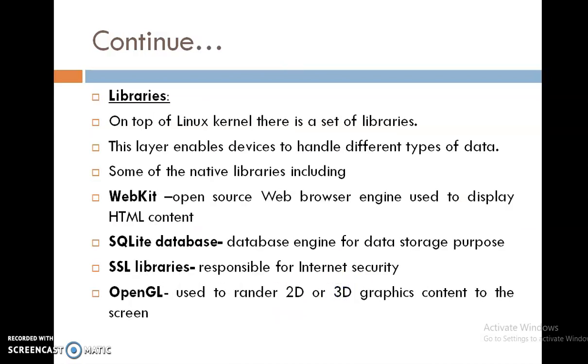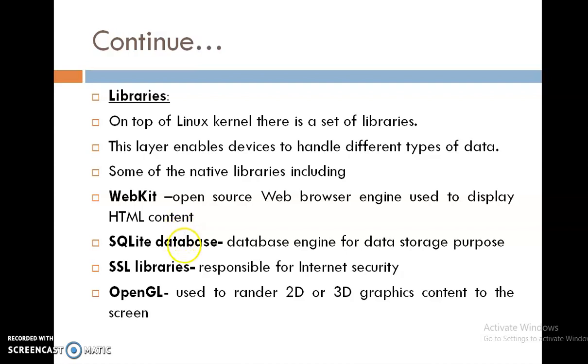Then the layer above the Linux kernel is the library layer. On top of the Linux kernel, there is a set of libraries. This layer enables the device to handle different types of data. Some of the native libraries include WebKit, SQLite database, SSL libraries, OpenGL, and so on. WebKit is an open source web browser engine which is used to display HTML content.